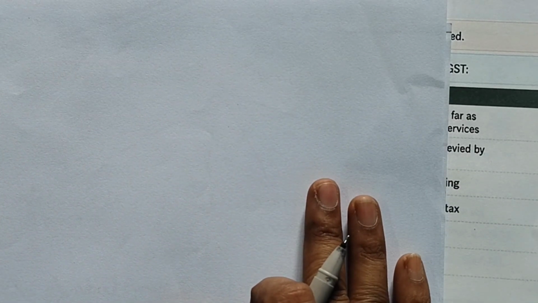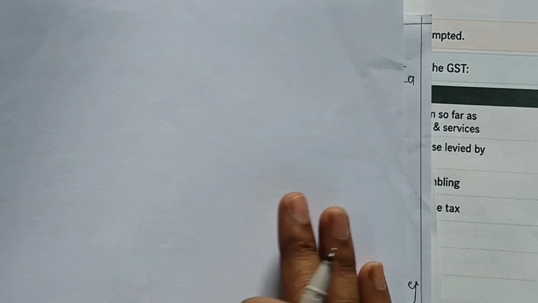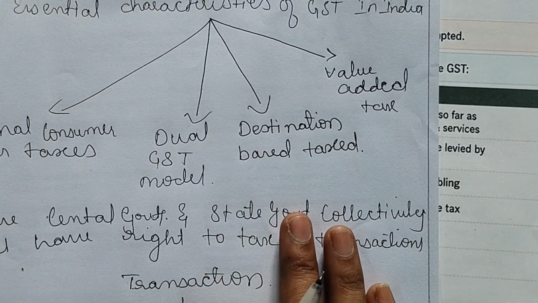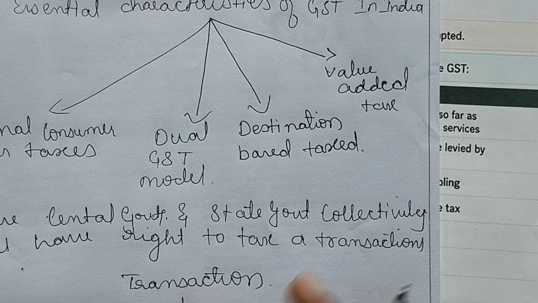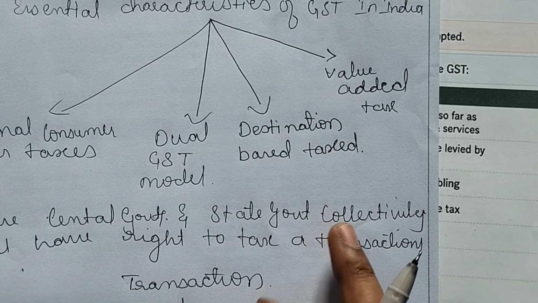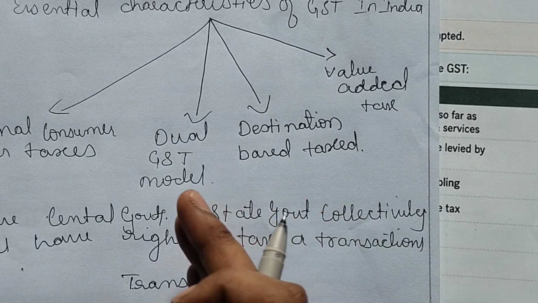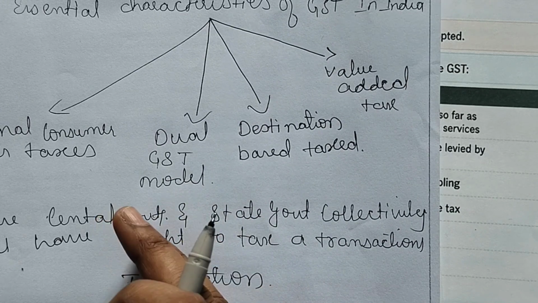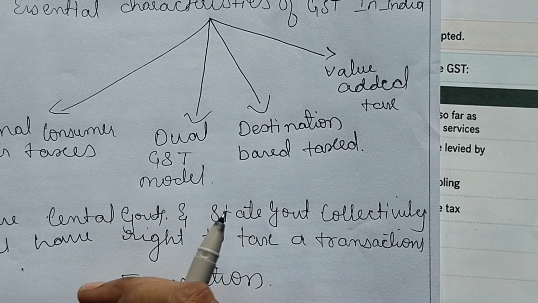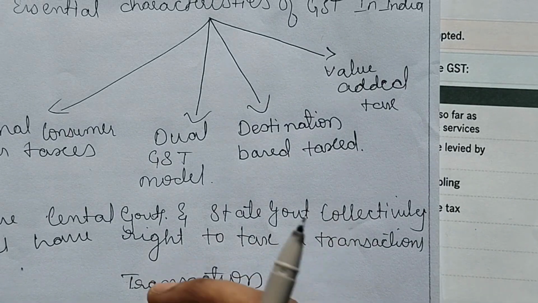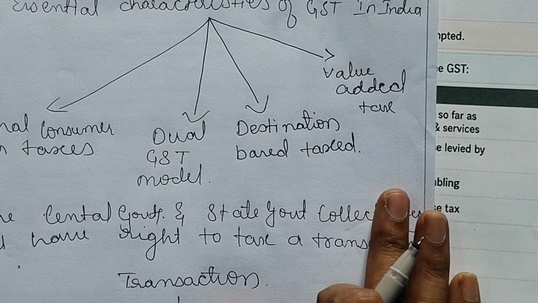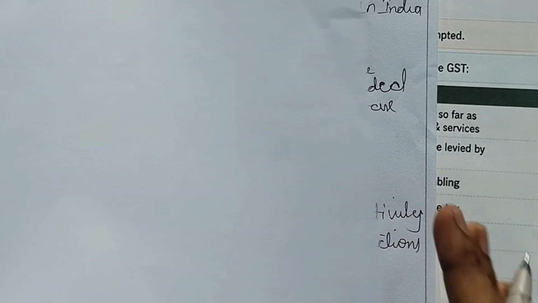And here one more thing you have to know: how many states do we have? 28 states. But for the GST, we are adding, totally we have 8 UTs. Of those 8 UTs, 3 UTs we are going to add to the states. So total 31 states for GST purpose and 5 union territories.